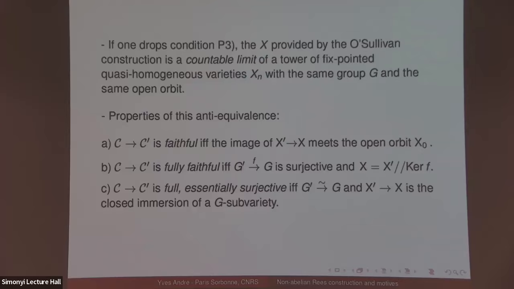Yes, sorry. I can give you a funny example, which I call the Fibonacci category. If you have a tensor category generated by two objects of rank 1, and you assume that the morphisms between L1 tensor A to L2 tensor B exist only if A divided by B is less than (1 plus square root of 5) over 2, then X is a limit of a tower of toric surfaces, which correspond to some cones.